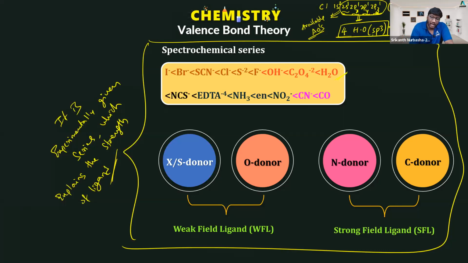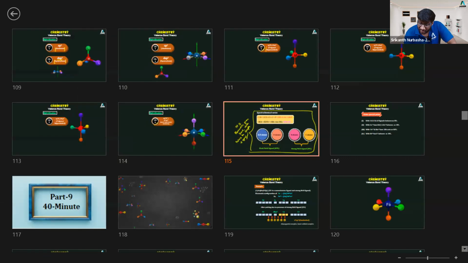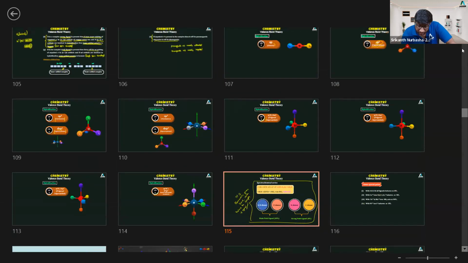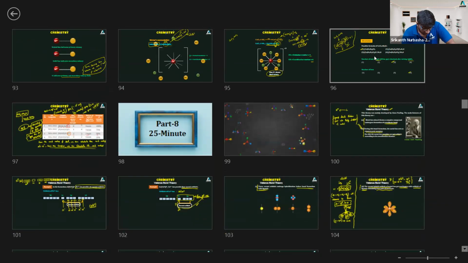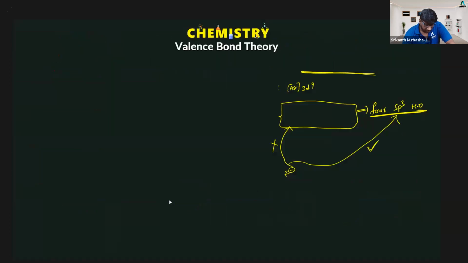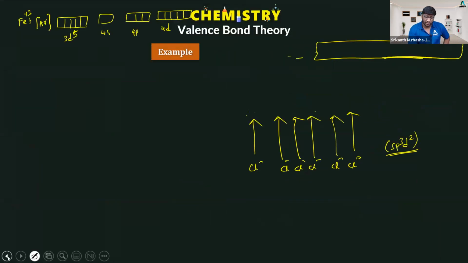Now look at the atomic orbitals available for hybridization in our case. Let us go back to the previous slides just for a second. We have this slide, right?